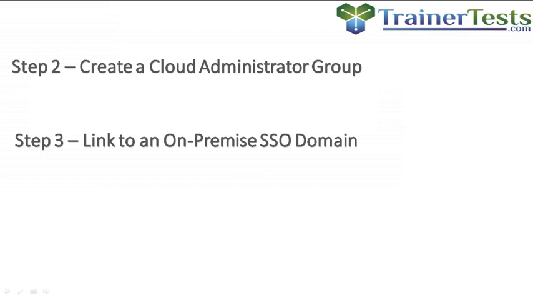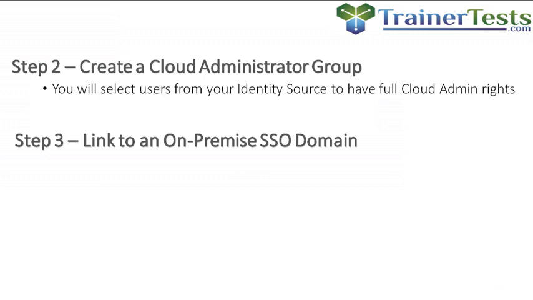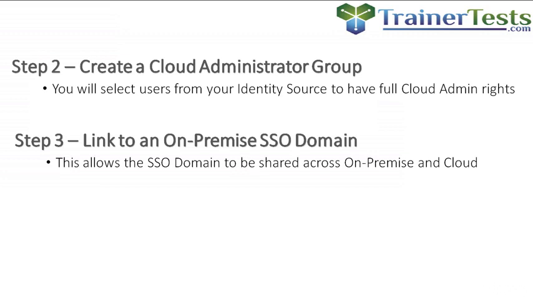Then we have step 2 and 3. Step 2, create a cloud administrator group. So now you'll choose some users from your identity source that you're going to grant full cloud admin rights to on our software-defined data center in the cloud. Then we'll go ahead and we'll link to an on-premise SSO domain.